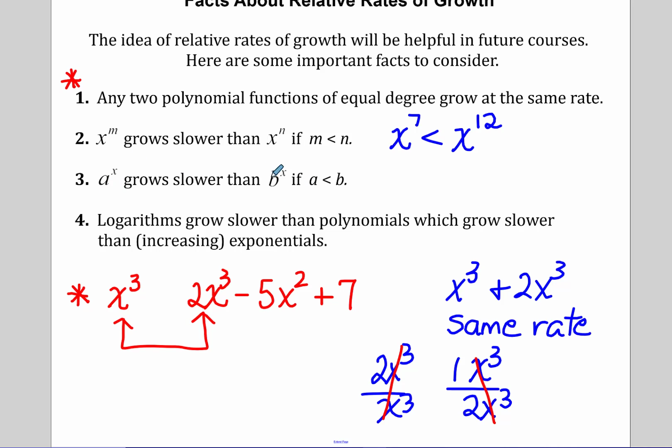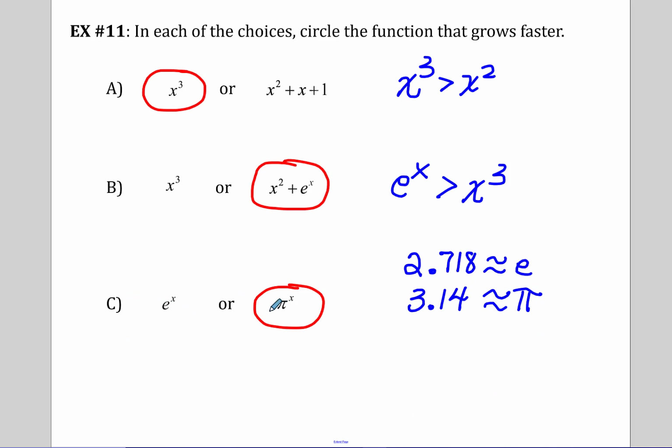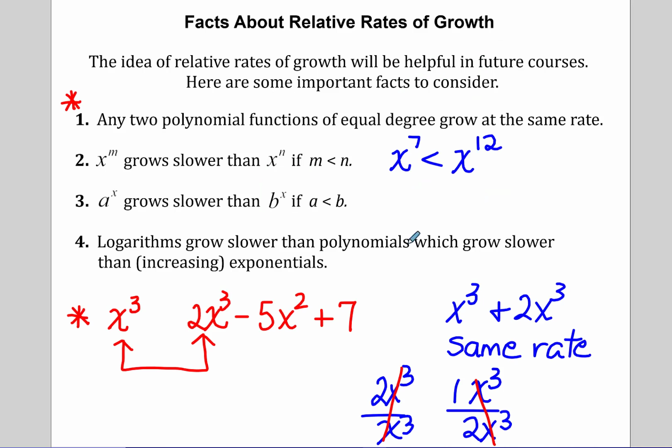And a to the x, we just saw that with our e to the x and pi to the x right here. So if your base of 1 is smaller than your base of another, then the base that's the smallest grows slower than the base that's the bigger.